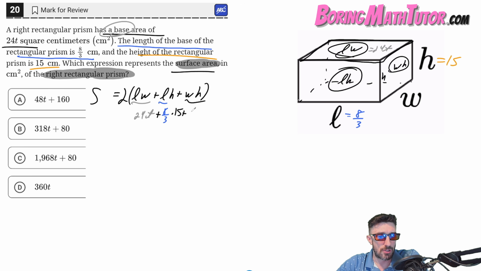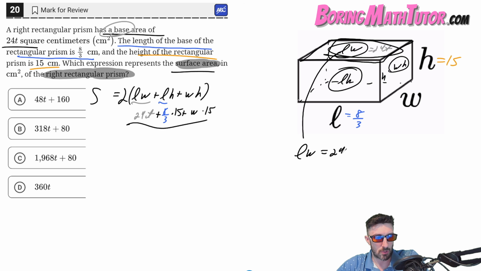Because over there, I don't really know what W is right now. So if I put W times 15, well, that's not really good because none of the answer choices have W in them. So what I should do is go back to that other equation that we had over here, LW is equal to 24T, plug in the 8 over 3 for L, so now that's 8 over 3 W equals 24T.